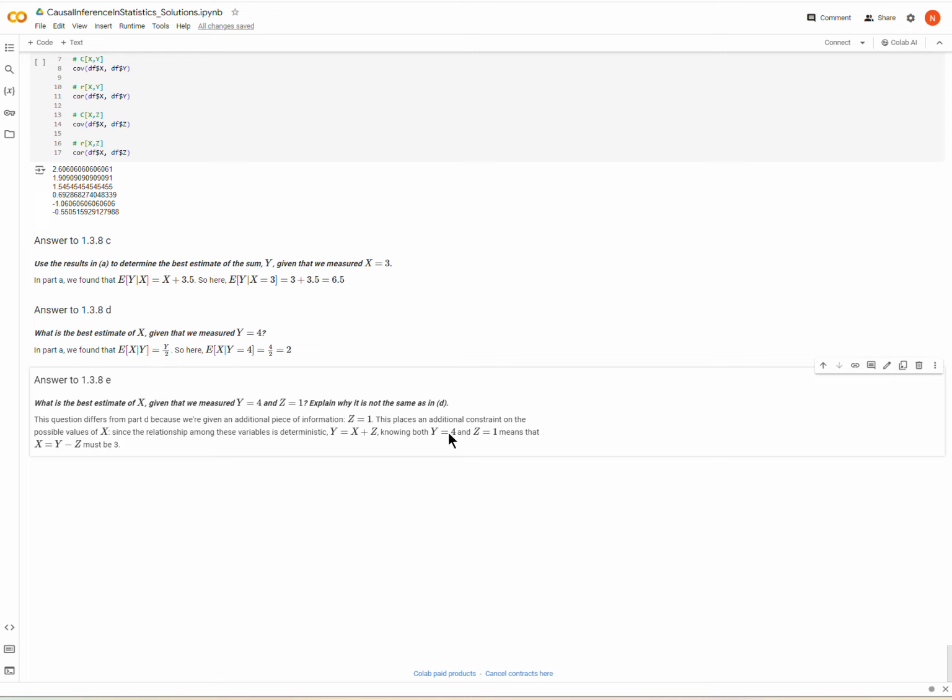So given the information that y is 4 and that z equals 1, our system is completely constrained so that x has to be y minus z, and it must be 3, right? Because we already have these two parts here, x being 3 is the only value that would suffice for our expression. Okay, that is it. Thank you.